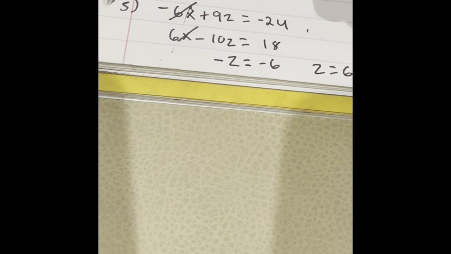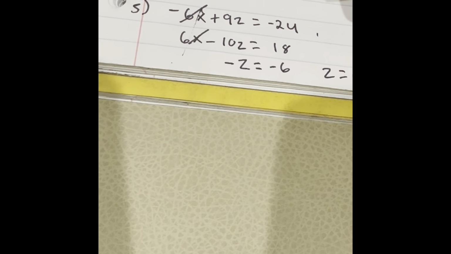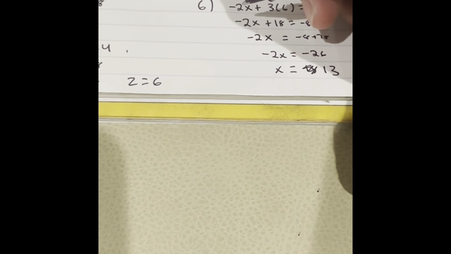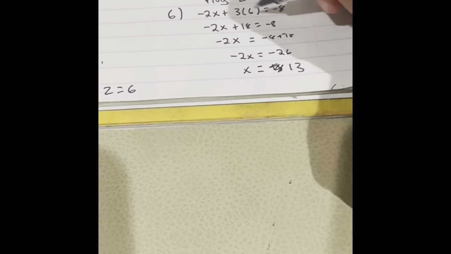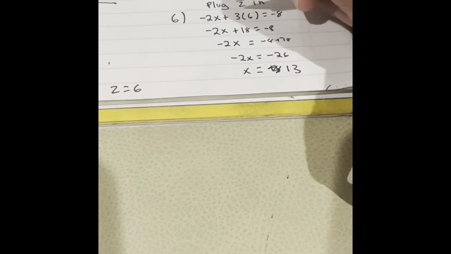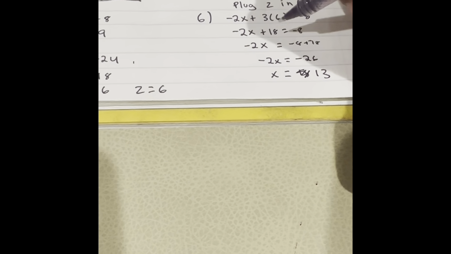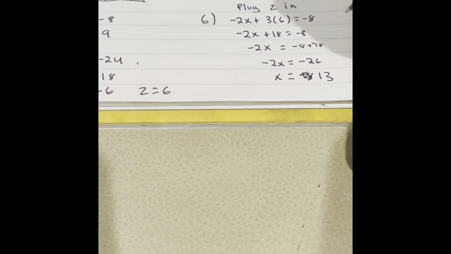Now, because you have z, you can plug z in here for one of the systems, and you can find x. So that's exactly what I did. I plugged into the formula -2x plus 3z equals -8. I plugged the 6 in there, so it was -2x plus 3 times 6 in parentheses equals -8. That gave me -2x plus 18 equals -8.